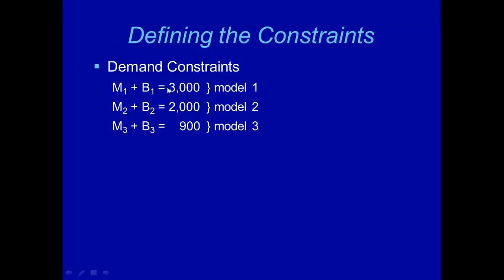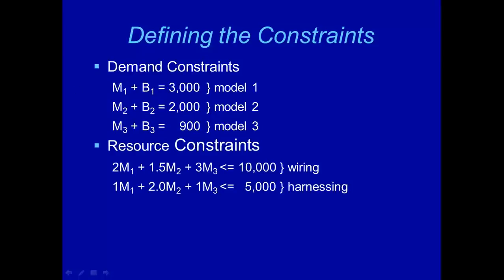And it's going to be exactly 3,000. If this were more than 3,000, it costs us more money. If it's less than 3,000, the order won't be satisfied. So the constraint in this case is an equation. And similarly, we can get demand constraints for Model 2 and Model 3 rings. They are M2 plus B2 equals 2000 and M3 plus B3 equals 900.